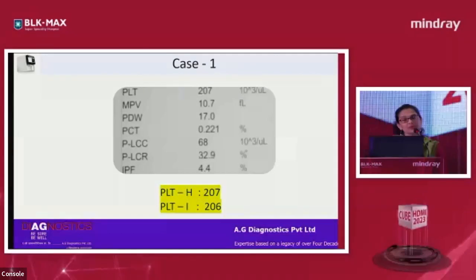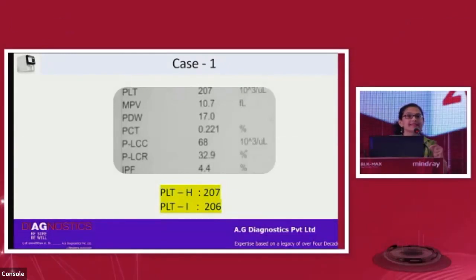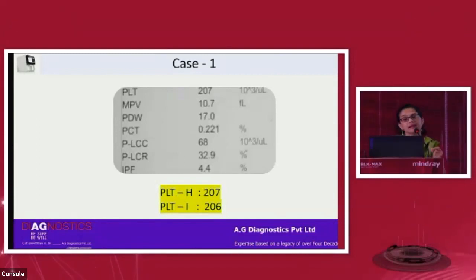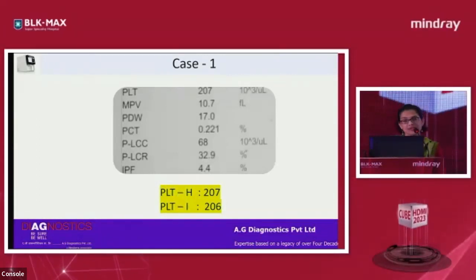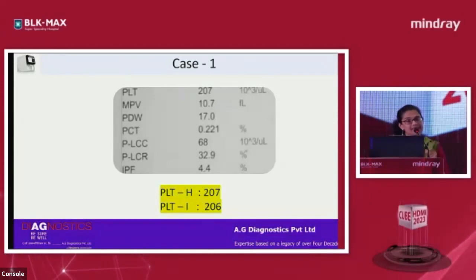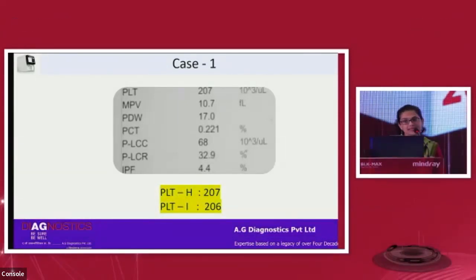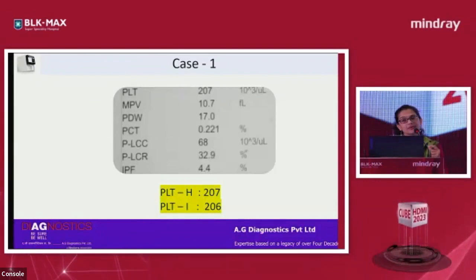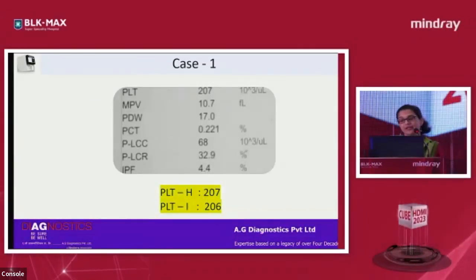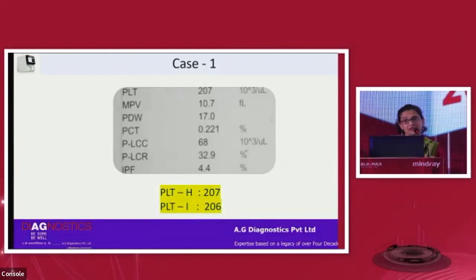A platelet count, which is the platelet H, because that's what we have selected for our platelet reporting, of 207,000, and a platelet I by impedance of 206,000. We also got PLCC and IPF in the diff channel itself.